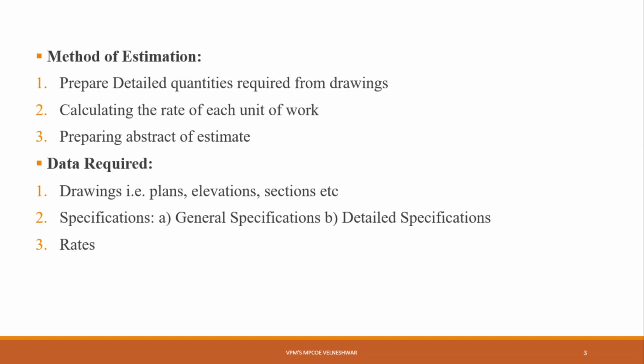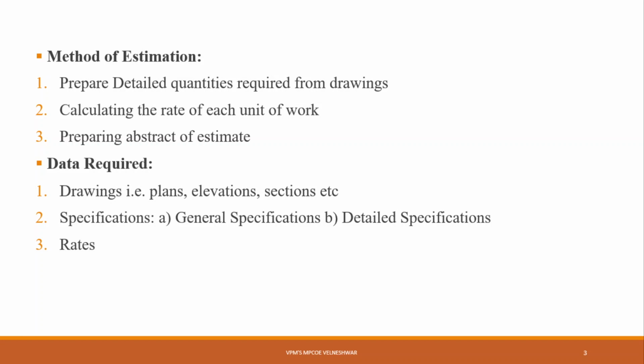And the last one is your rates. For preparing an estimate, the unit rates of each item of work are required. For arriving at the unit rates of each item, you need the rates of various materials used in construction, the cost of transporting materials, then wages of laborers, skilled and unskilled, masons, carpenters, mazdoor, etc. All the rates you should know.